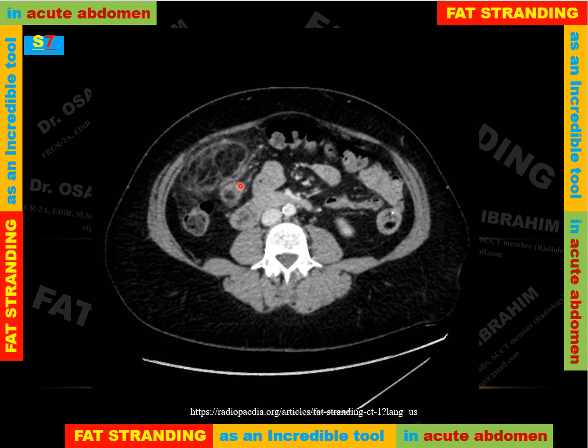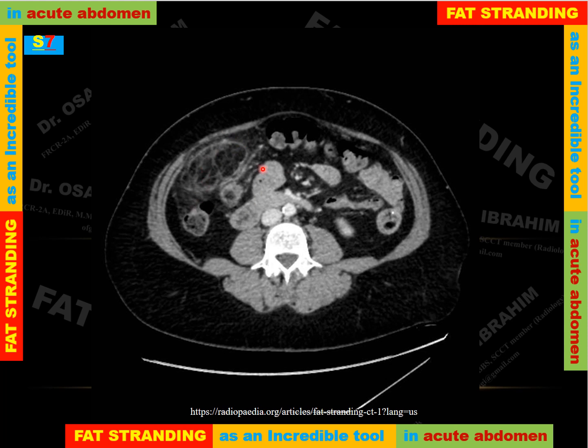So you should scrutinize the appendix and the terminal ileum. If they are normal, you can consider omental infarction as the cause of this fat stranding, because the right lower quadrant is the preferable site for primary omental infarction.